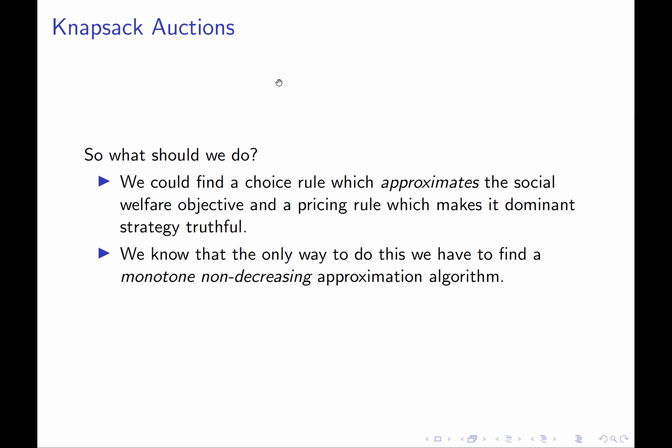Remember, monotone non-decreasing just means that if someone raises their bid, they shouldn't go from being a winner to being a loser. Exact social welfare maximization naturally has this property, but not all approximation algorithms do.